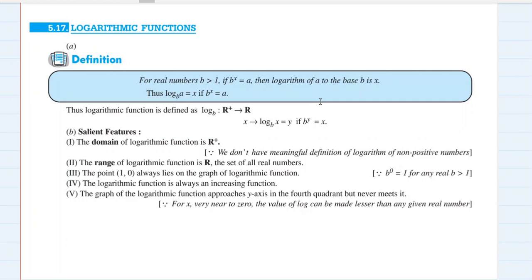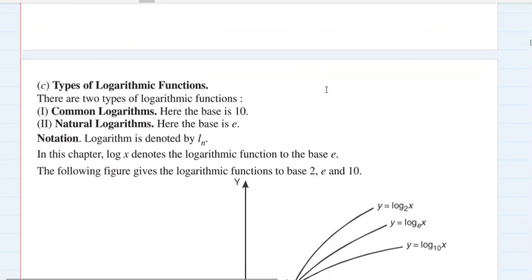Logarithmic function is always an increasing function. The point (1, 0) always lies on the graph of logarithmic function. It is exactly opposite to the point (0, 1), which always lies on the graph of exponential function. The graph of logarithmic functions approaches the y-axis but never meets it, just like the graph of exponential functions approaches the x-axis but never meets it.